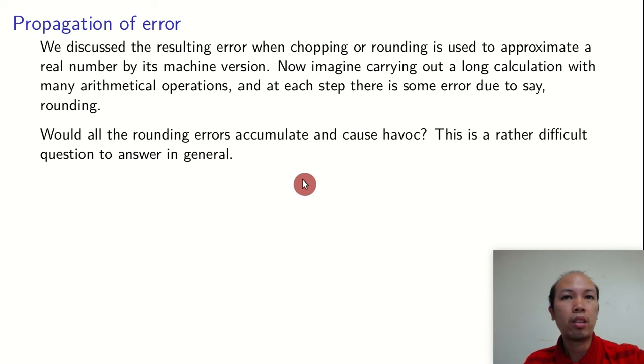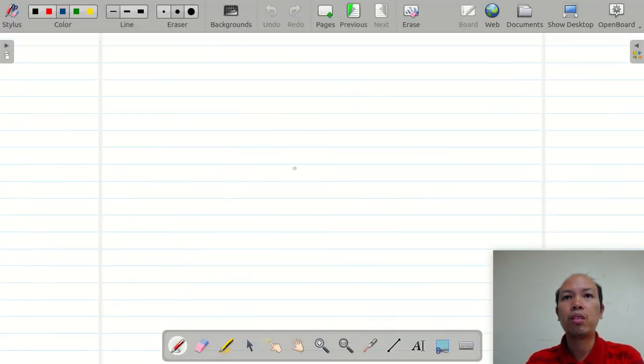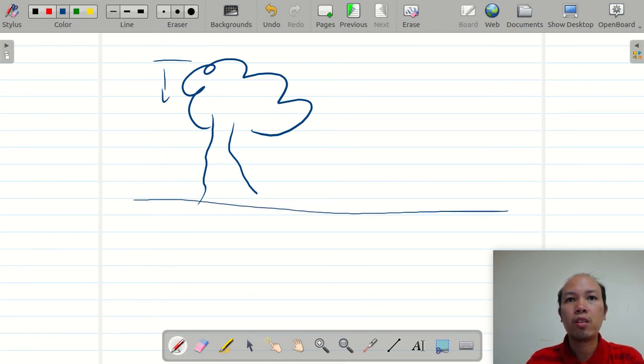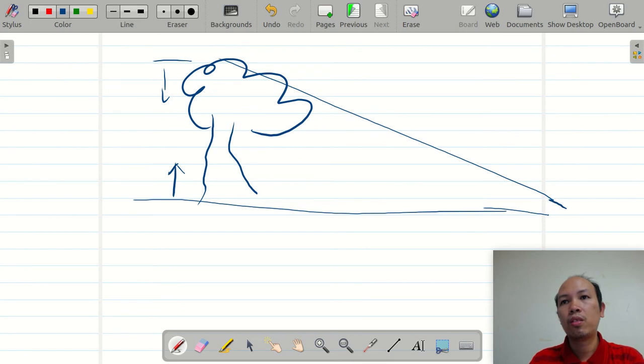For example, in trigonometry, if you are trying to solve the height of a tree, and this is your theta, and you do rounding before getting the distance, this is y, this is x, this final distance here, if you round to 1 or 2 decimal places, then it's possible that you will get a big difference from the original answer.